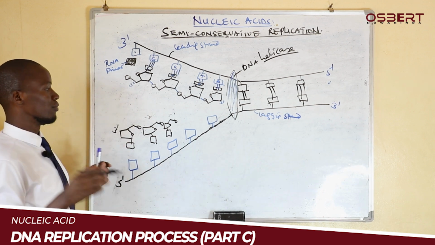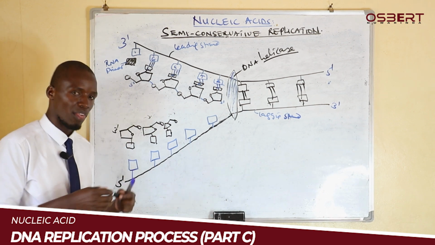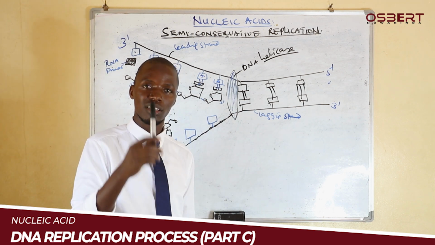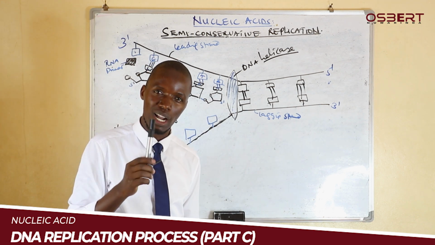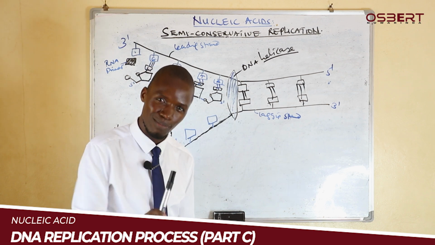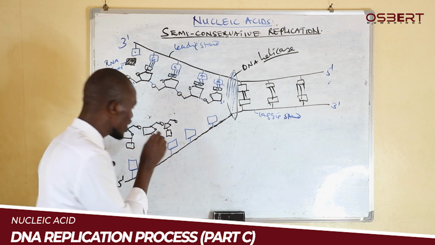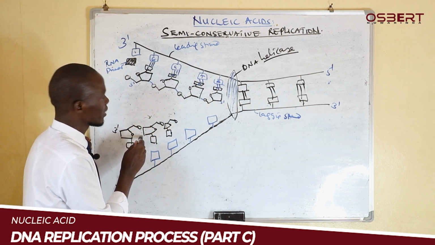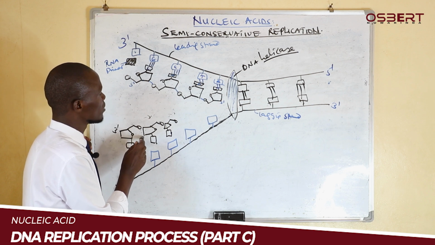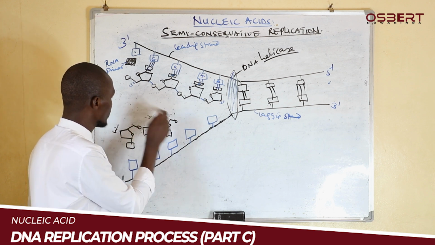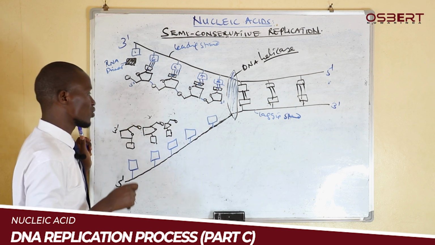However, remember, I have told you that DNA polymerase does its work in a 5' to 3' direction. That means the chain we are adding must be added in a 5' to 3' direction if the DNA polymerase is to do its work.